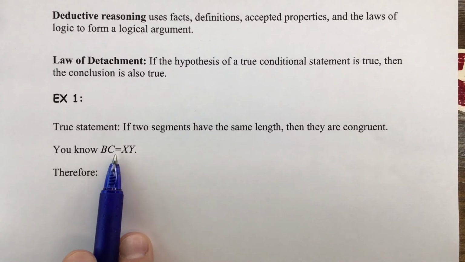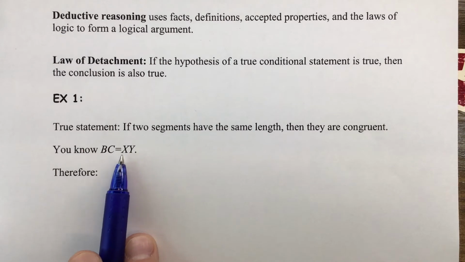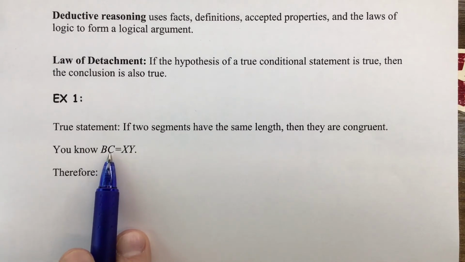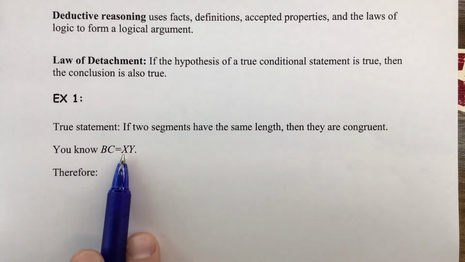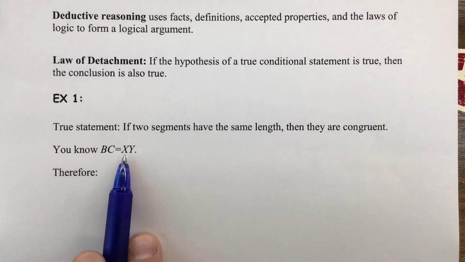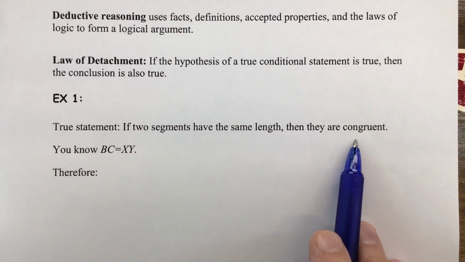Okay, so we're told that we've got these points that are the same distance away from each other, they're equidistant. If we were to connect B to C and actually turn that into a segment, and connect X to Y, make that into a segment, we would be saying that the length of segment BC is the same length as segment XY. Okay, so that fits the hypothesis. That means that we can then make a conclusion.